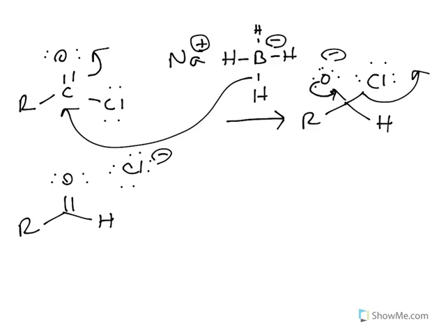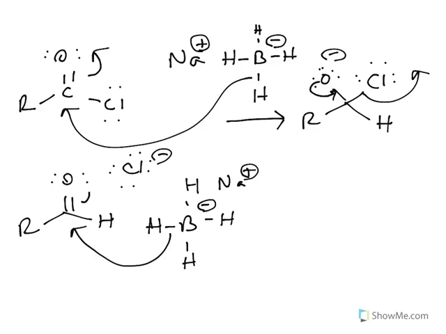However, we still have a reactive species here in the aldehyde. The aldehyde can react again with another molecule of borohydride. But now my question is, do we have a leaving group? We look at this. If the oxygen collapsed back down, H is our leaving group. No, we don't see that. R can't be our leaving group either.